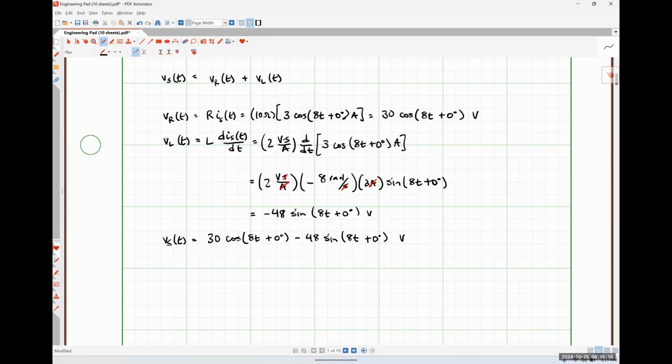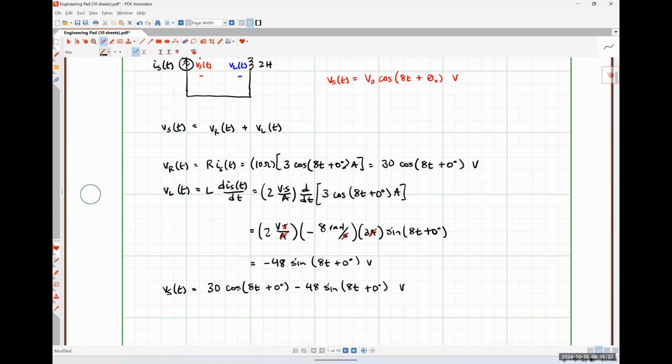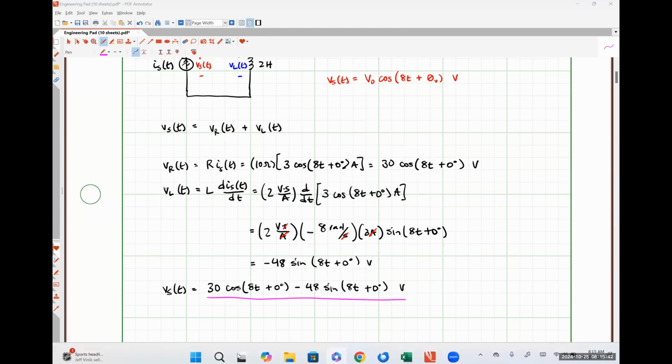So that in and of itself wasn't particularly difficult. But I want you guys to notice that right now, our result is not a single sinusoidal function like we would expect. It is a combination of sinusoids. So there should be a more compact form. And to prove this to you, I'm going to plot these two things on Desmos really quickly.